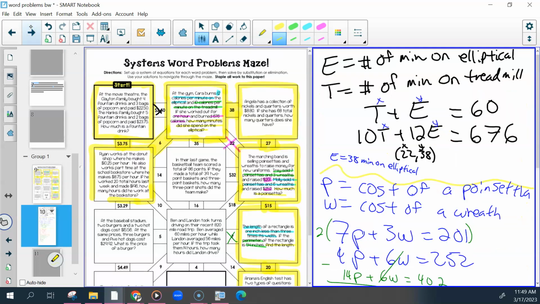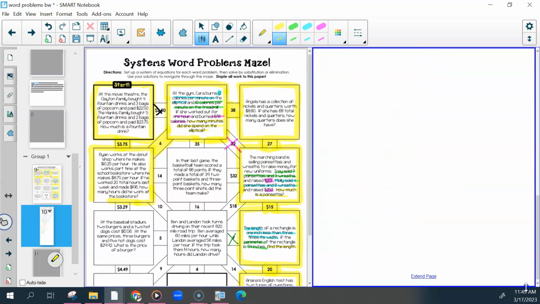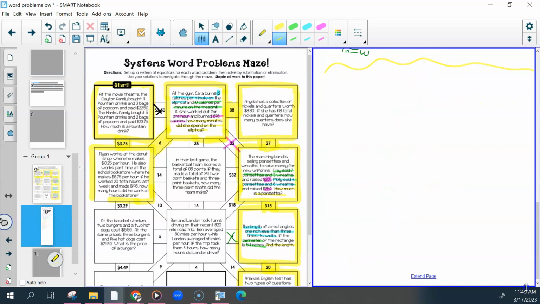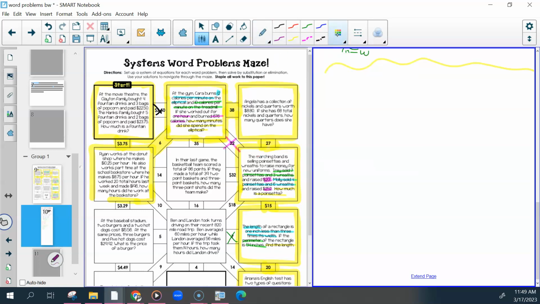So let's set up the equations. Let's first define our variables. What variables do we want to use?